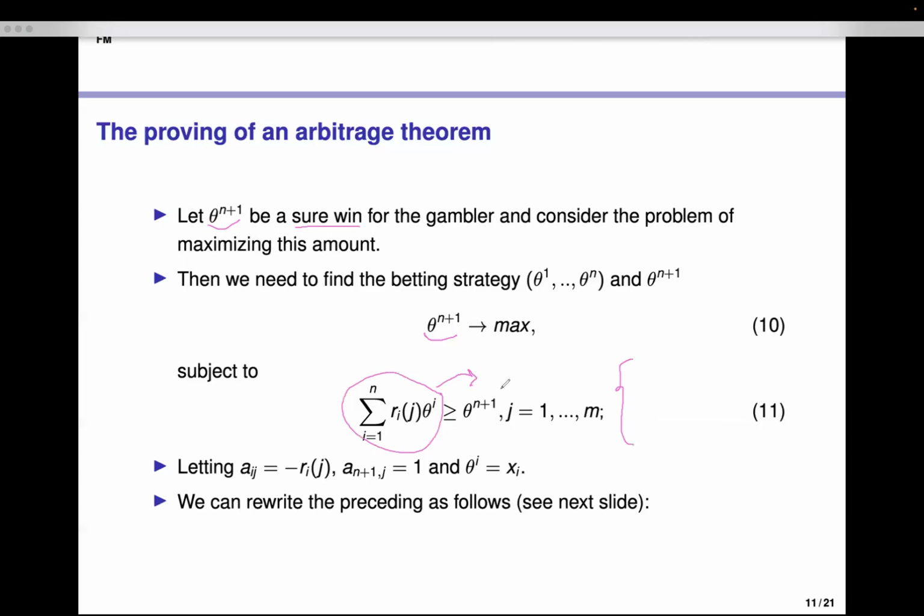And after that, we would like to denote minus r_eg, and theta n plus 1 with 1, and this as x_e. It is because we would like to write in the general case the primal and dual problems.